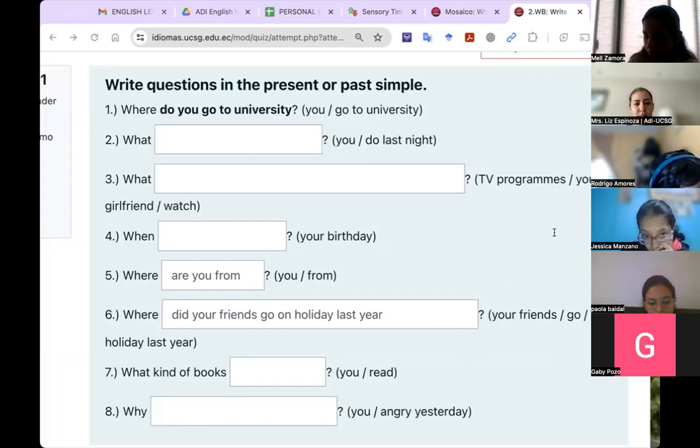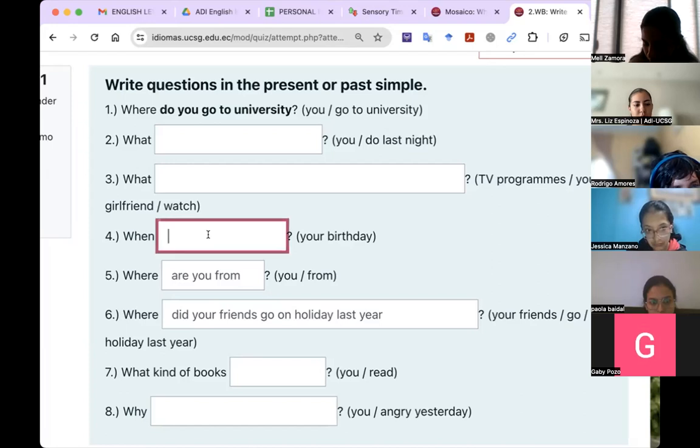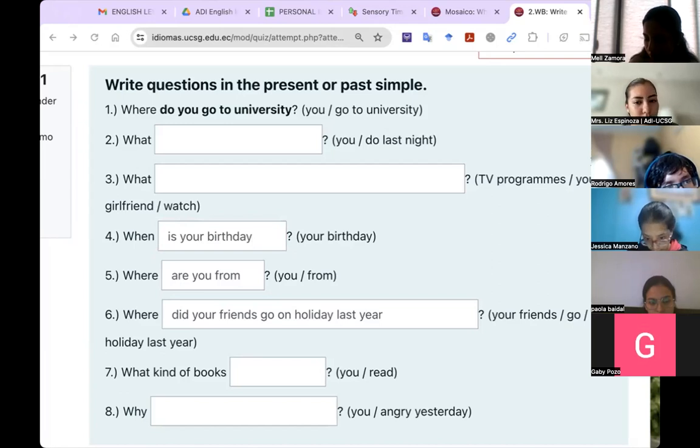Number 7. What kind of books are you with? Okay, what kind of books? Which is the auxiliary you are using? Are you with? You, it's okay, but not are. Which is the auxiliary that you need, do or did?